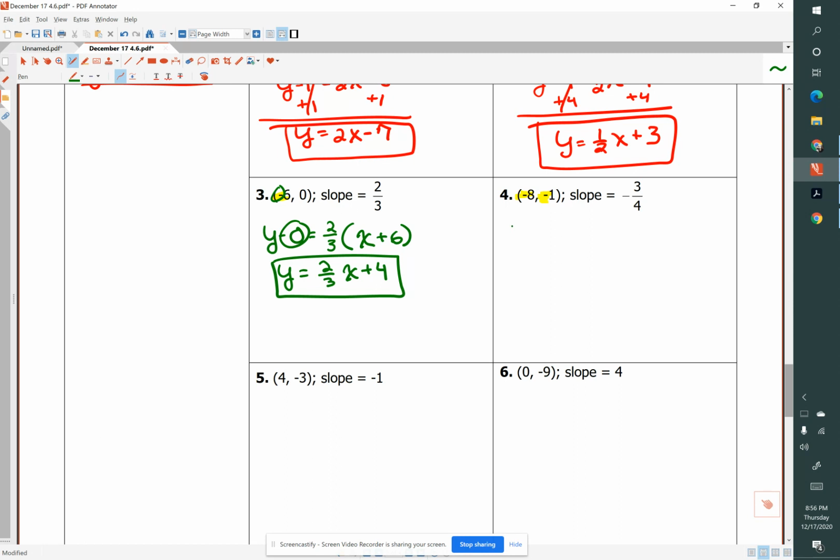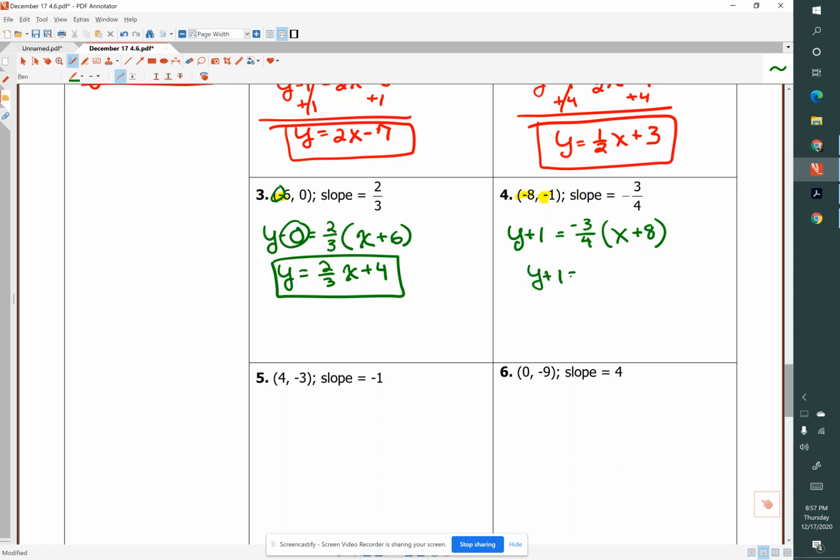So for number 4, it would be y minus negative 1. So y minus negative 1 is y plus 1 equals negative 3/4 times the quantity x minus negative 8, which would be plus 8. Minus negative 8 is plus 8. So let's distribute.